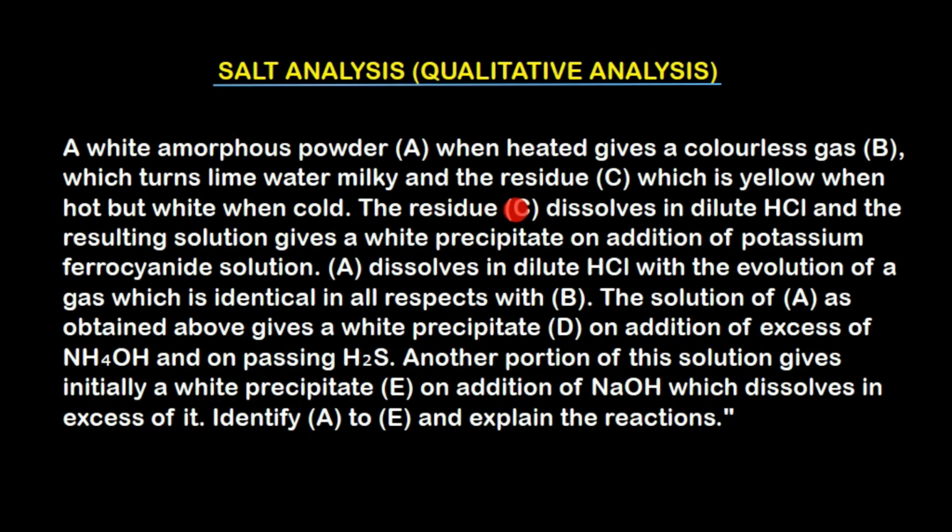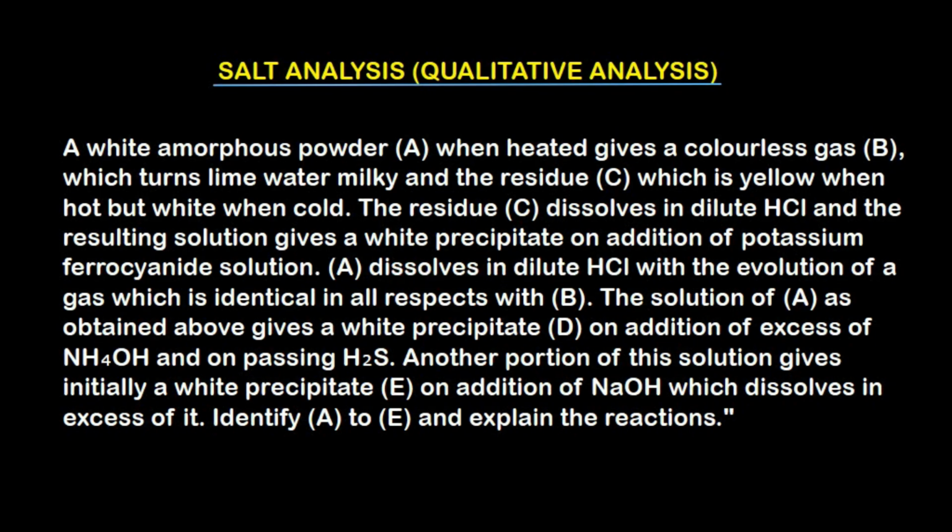The residue C dissolves in dilute HCl, and the resulting solution gives a white precipitate on the addition of potassium ferrocyanide. White amorphous powder A alone dissolves in dilute HCl with the evolution of a gas identical in all respects to B. You know the test of the carbonate: when you add dilute HCl to the mixture, it gives effervescence, a colorless gas, which is basically carbon dioxide, and A is doing the same thing.